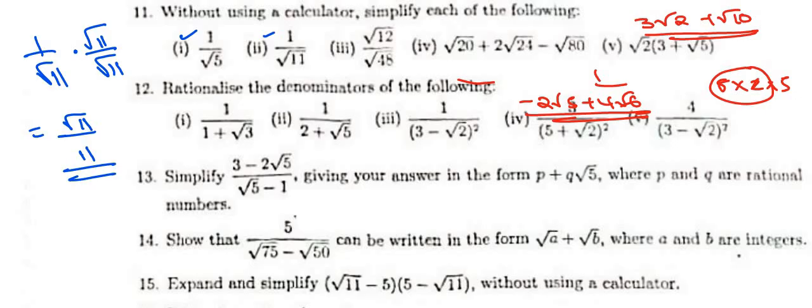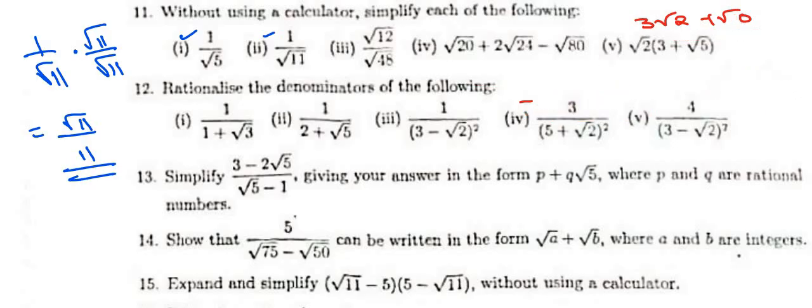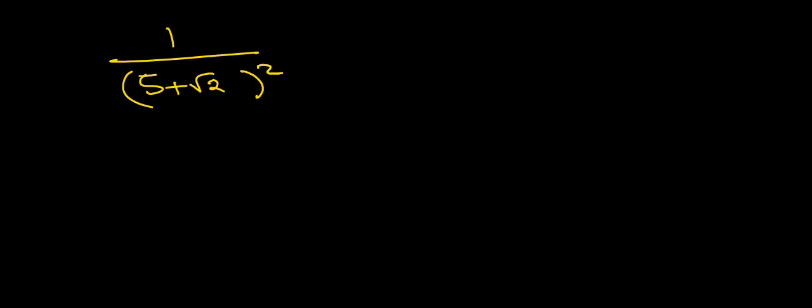Okay. Yeah. For number 12, when it has a square, are you able to just remind me how to rationalize that? For number 12, we just expand the bottom part with a square. Okay, these are the same. Let me take this one that has a 5. So we have 1, there's a 5 plus root of 2, then there's a 2 this side. So just multiply the down part, 5 plus root 2 times itself.